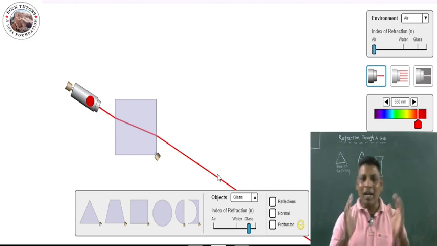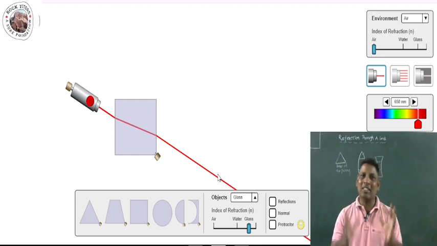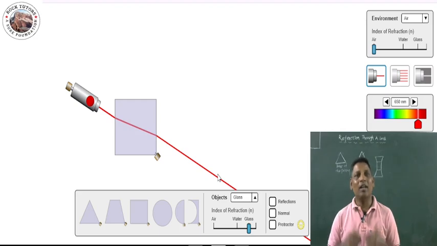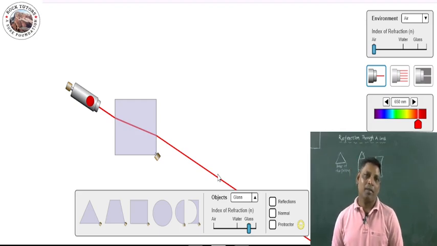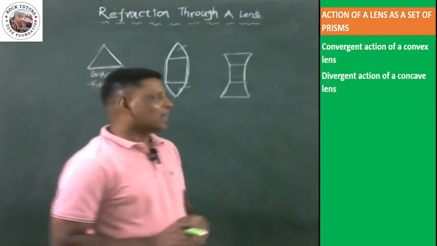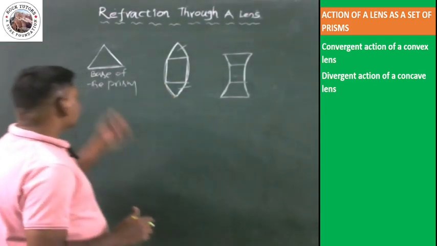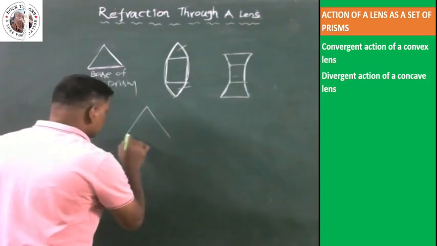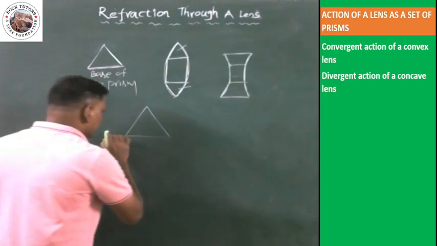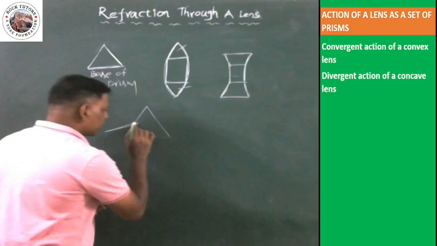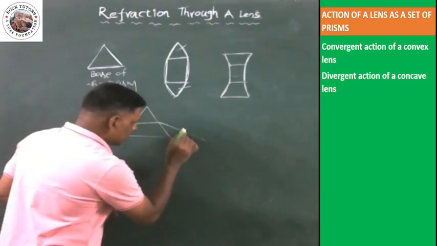Now we'll apply these points, this concept, to our lens, then we can understand more clearly the convergent and divergent action of lenses. Just now we observed in that activity that when light passes through the prism, this is the incident light, and after refraction it comes out as the emergent ray.